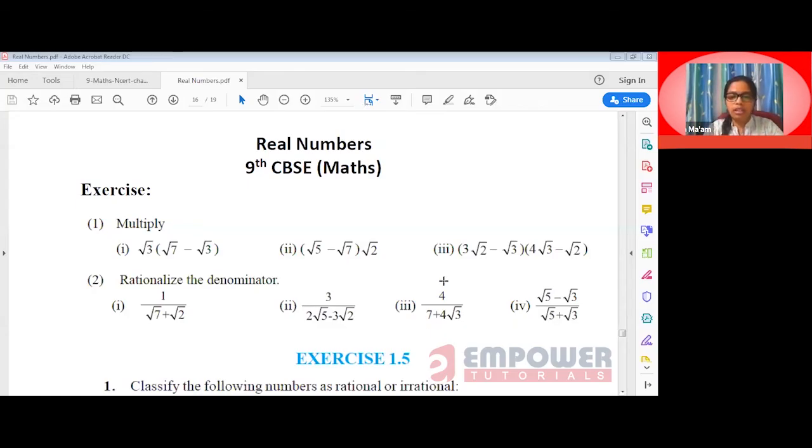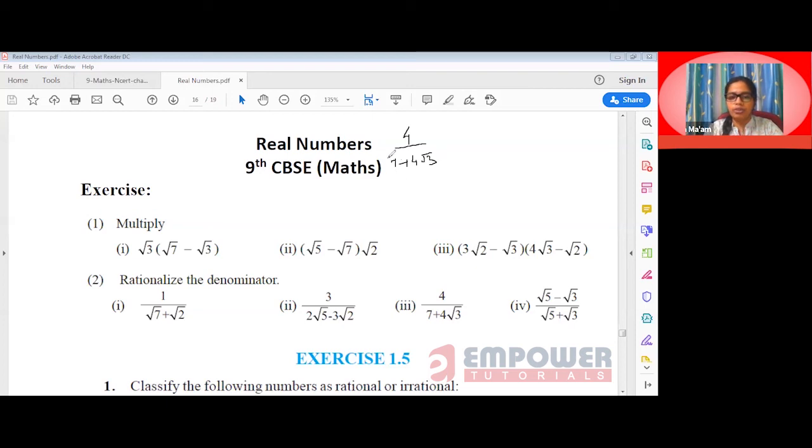So solve the third one. Tell me how to solve the third one. So you have 4 upon 7 plus 4 root 3, right? Here also, what you need to do is find the conjugate pair.